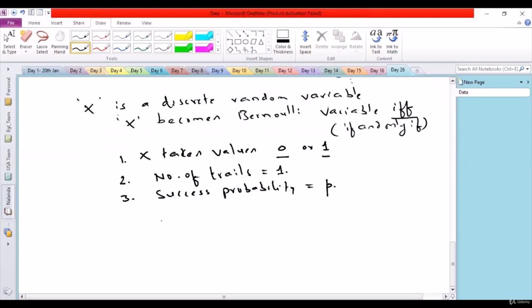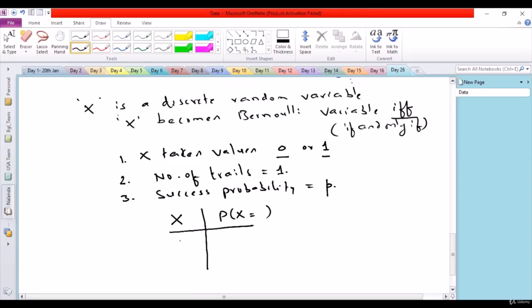Now I am going to get into my data model, the probability distribution model. You remember, probability distribution model is nothing but drawing something like this: X and your probability P at X is equal to whatever it is.